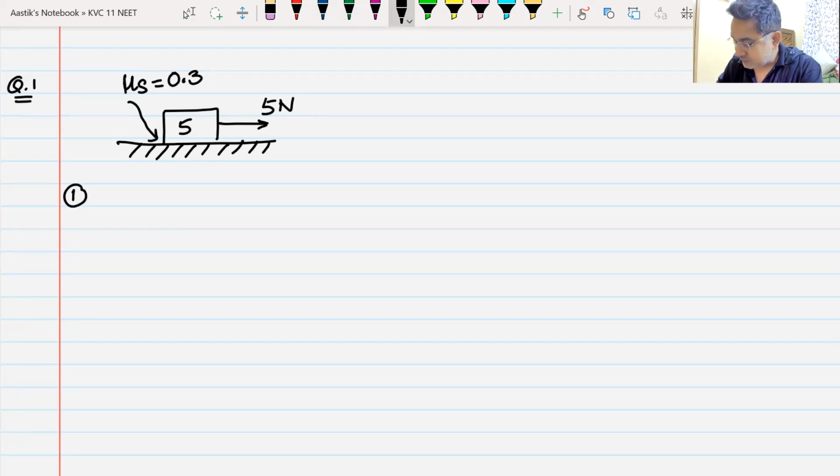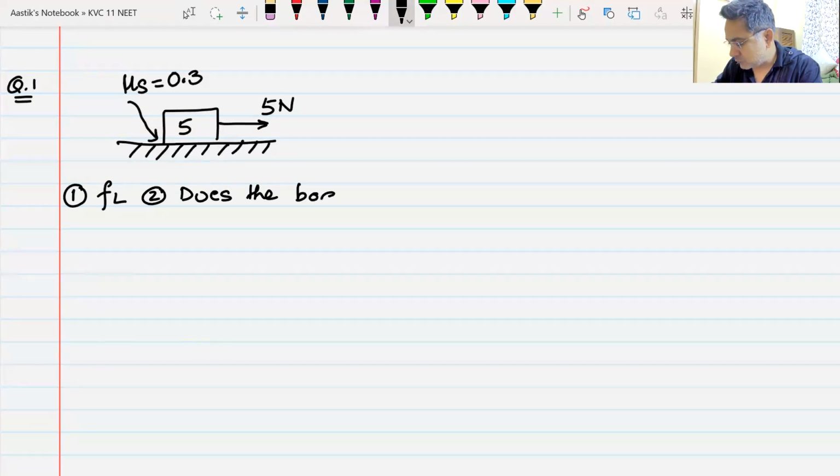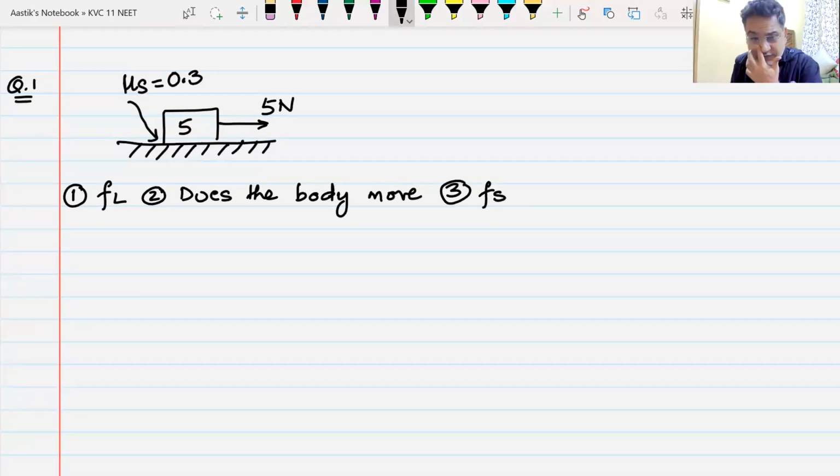The first question is, find out the value of FL. Number 2, does the body move? Number 3, if the body does not move, then the friction would be static. Find out the value of static friction. And the question passes on to you, my dear friends. I'll give you 1 minute to solve it.